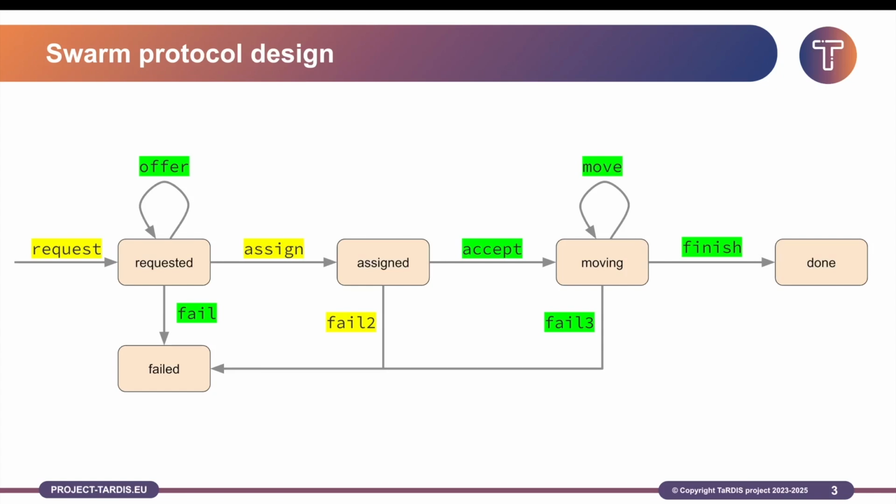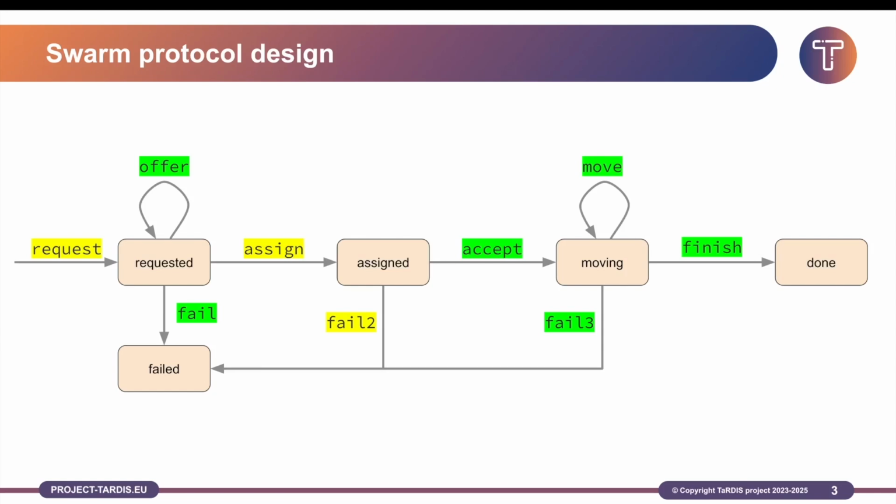It will emit move events, a series of them, as it moves toward where the plant is. And then it will emit the finish event once it has reached its destination, and then the plant will know that it has been watered. Of course, the robot can fail, batteries die, whatever. So the fail 3 error condition also brings us to the failed state.